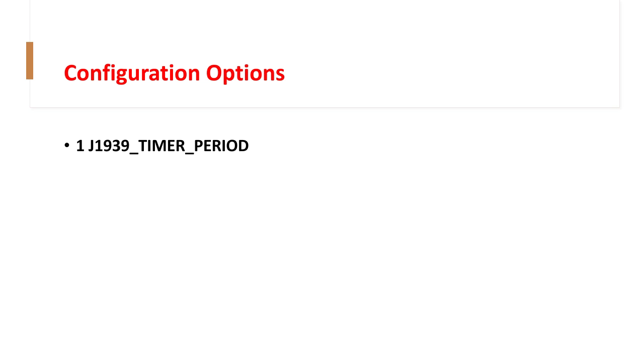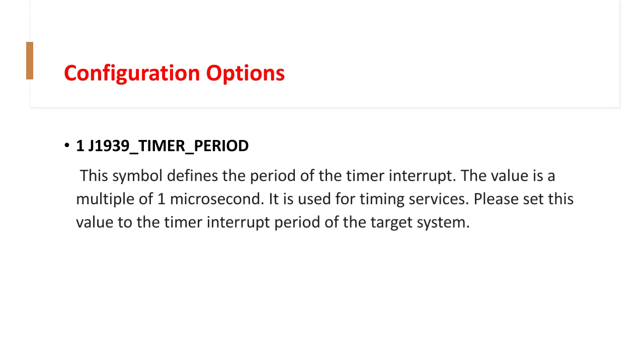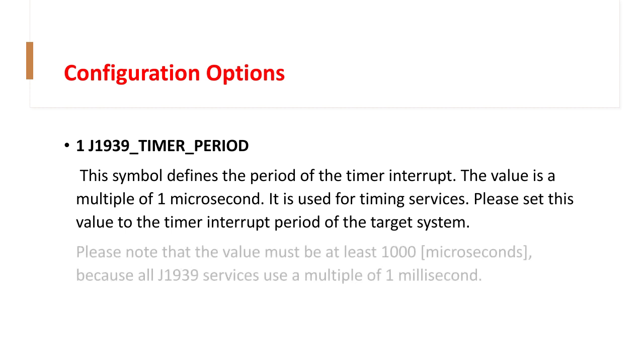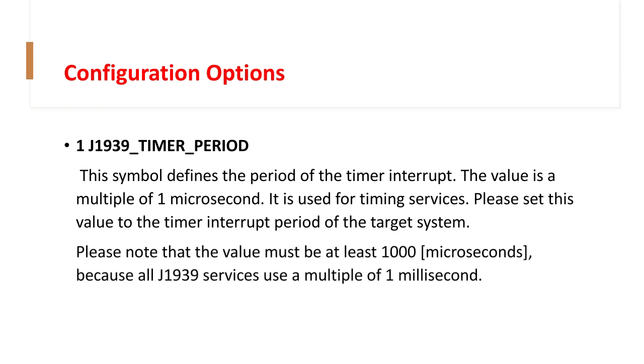It is used for timing services. Please set this value to the timer interrupt period of the target system. Note that the value must be at least 1000 microseconds, because all J1939 services use a multiple of 1 millisecond.